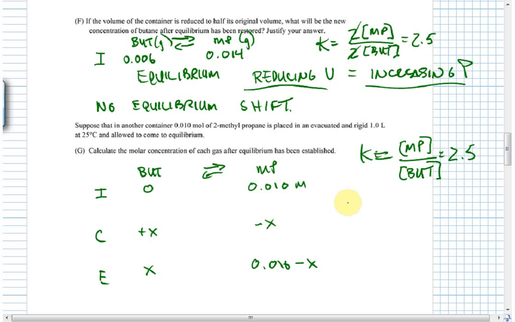So we plug in 0.010 minus X is the methyl propane concentration. X is the butane concentration. That has to be equal to 2.5.